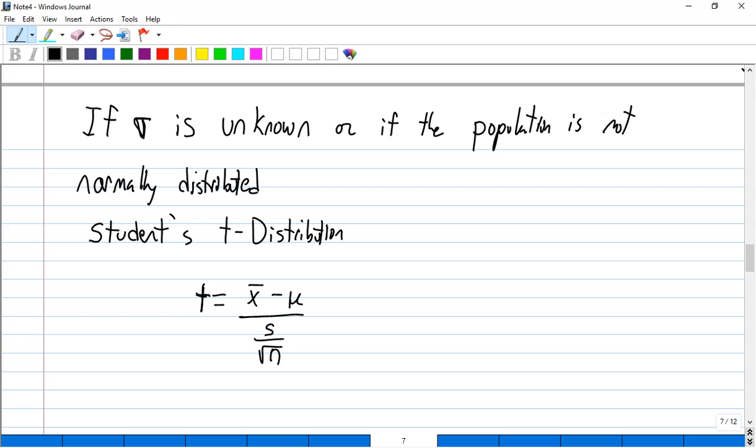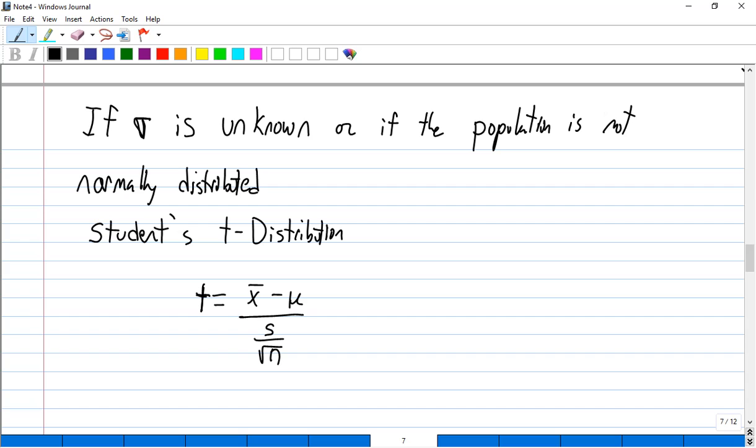And in the real world, more times than not, we don't know the population standard deviation. Because think about it. If I'm doing research on some item, how am I going to collect data on everyone that uses that item in the world? It's almost impossible.